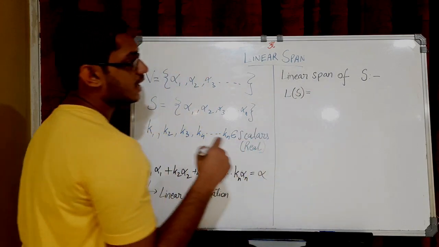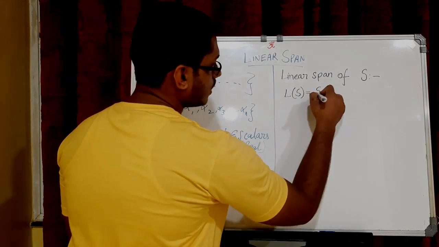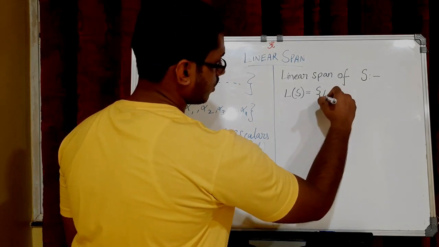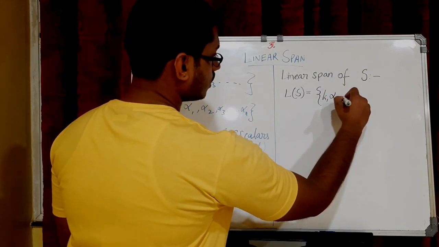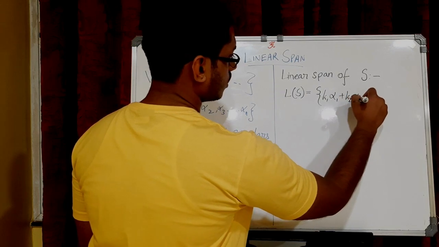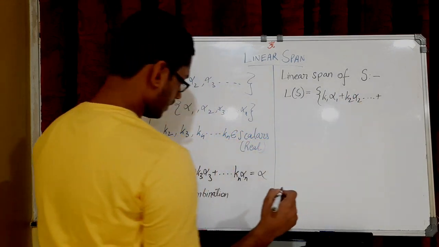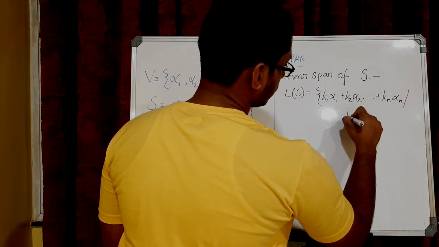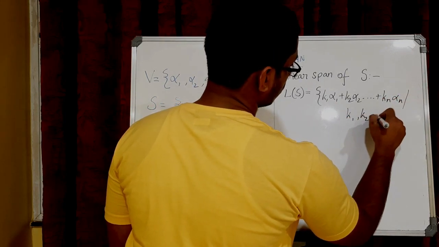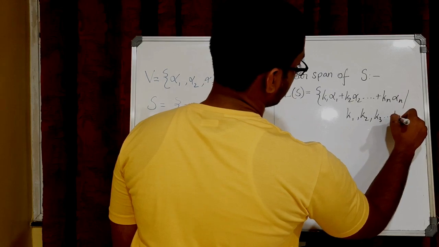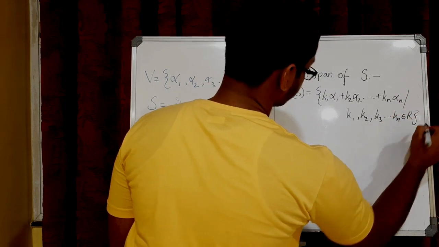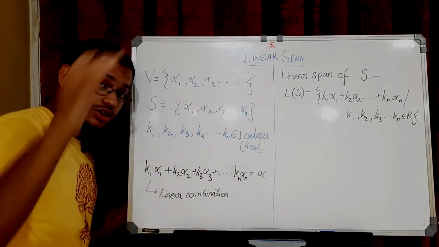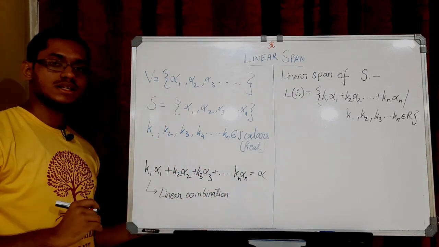Here, k1 alpha 1 plus k2 alpha 2 till kn alpha n, where k1, k2, k3 till kn are real numbers. Linear span is a collection of all these linear combinations.